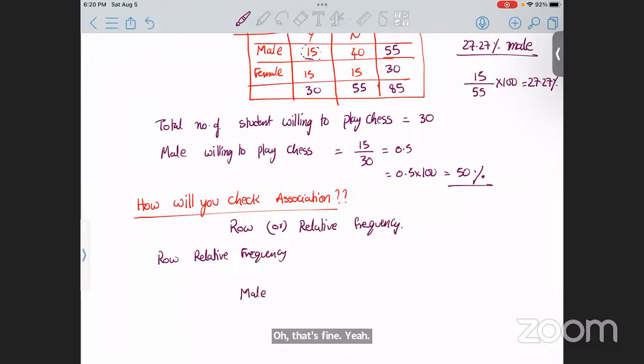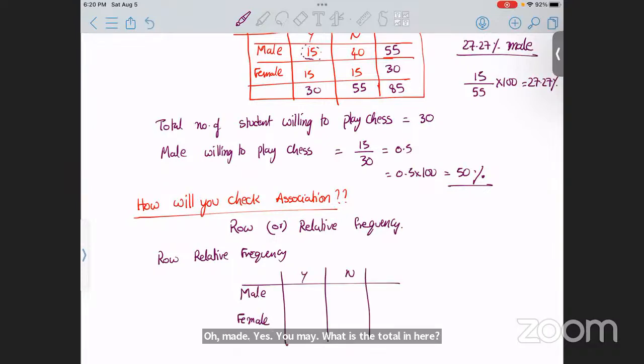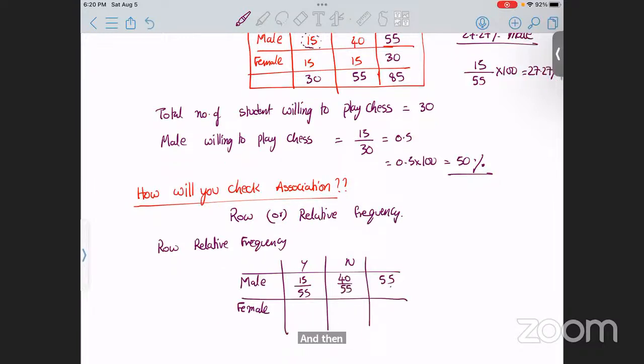Male, female. What is the total here? Here the total is 55. So it is 15 by 55, and then 40 divided by 55. And again 15 divided by 30. Here the total is 30. 15 divided by 30 and 15 divided by 30.